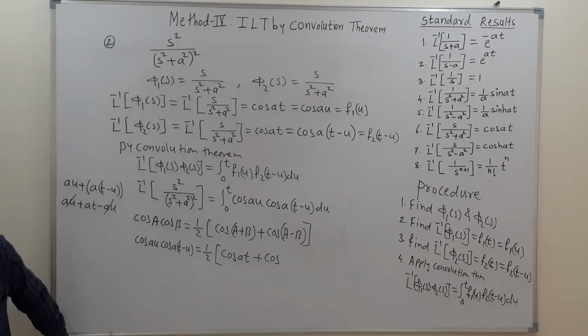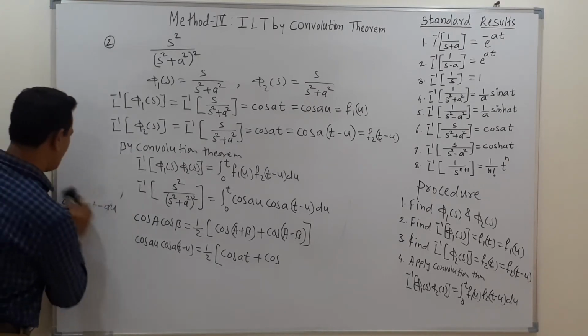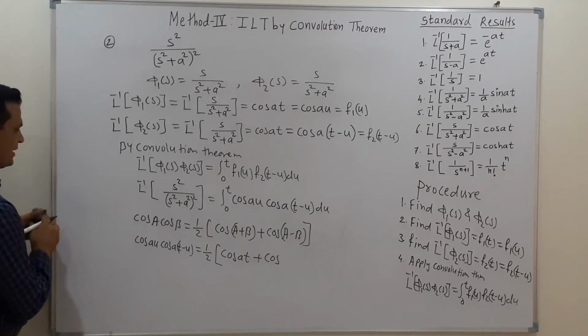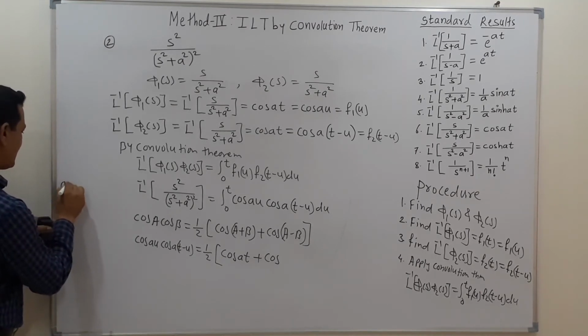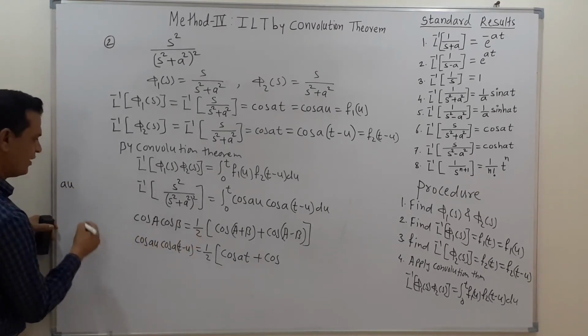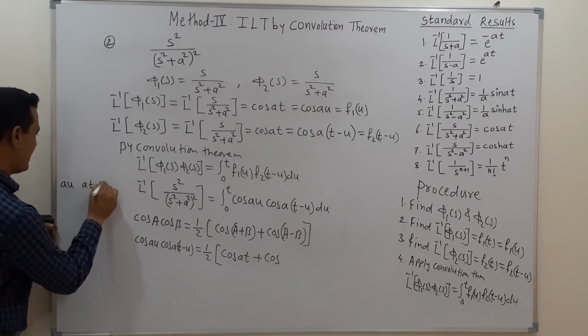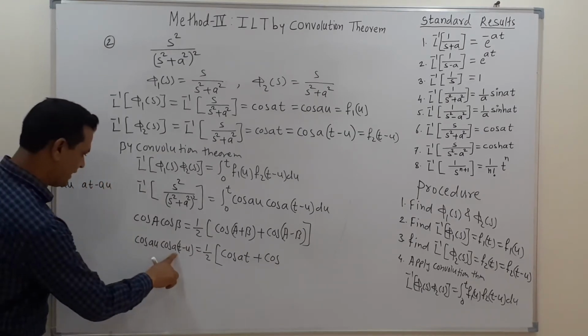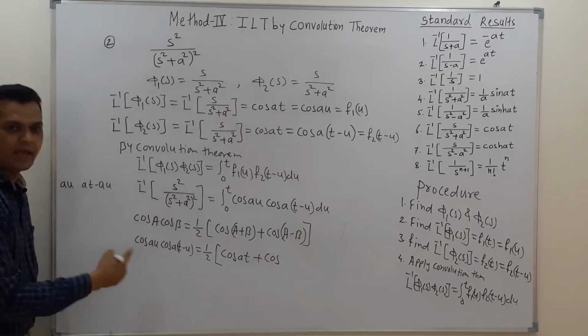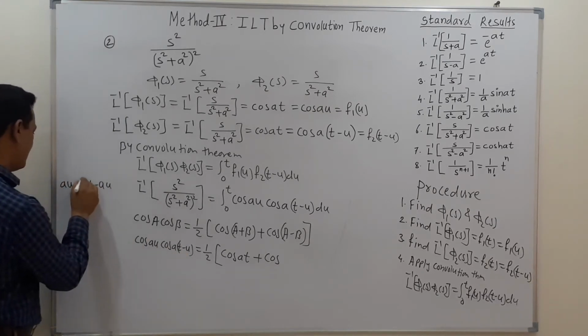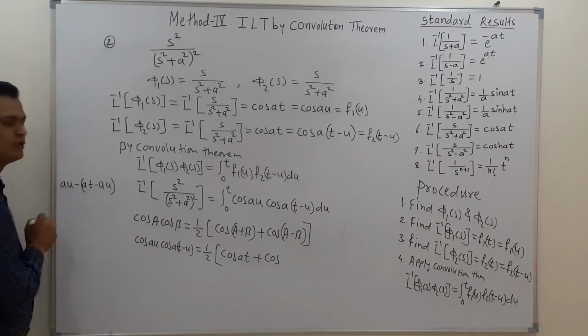Now let's take the subtraction of these two angles. The value of a is au and the value of b is at minus au. So we take at minus au and take the subtraction of these two terms.